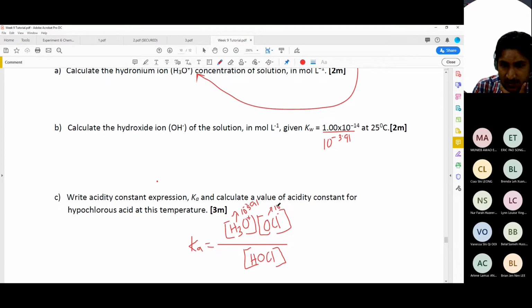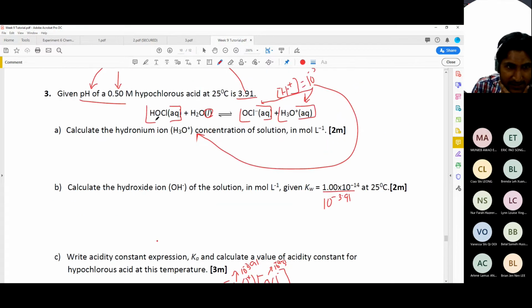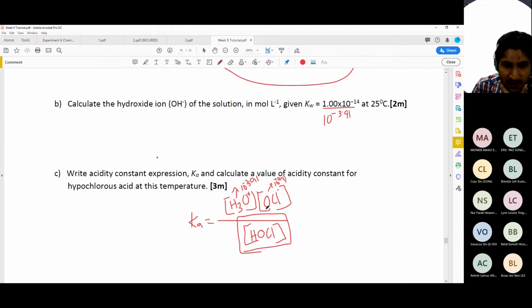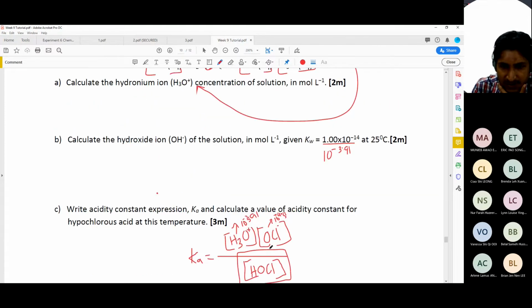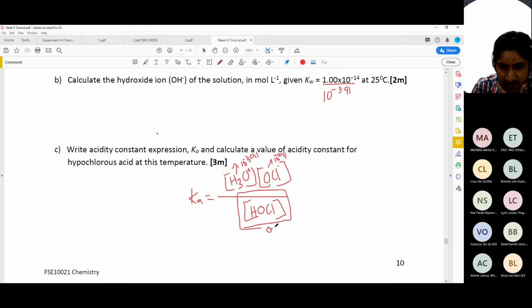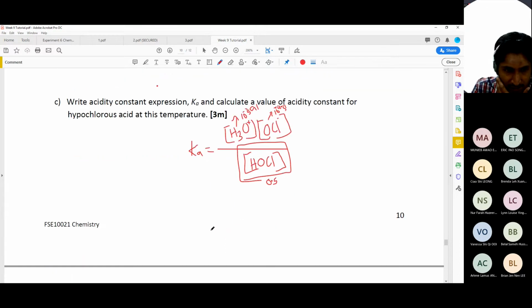We already know this one. So what about this HOCl? Well, HOCl is a weak acid, and we consider it is 0.5, still 0.5. It does not dissociate, not much. A very small amount has been dissociated, so it's still almost intact. So from there we can find the Ka value.